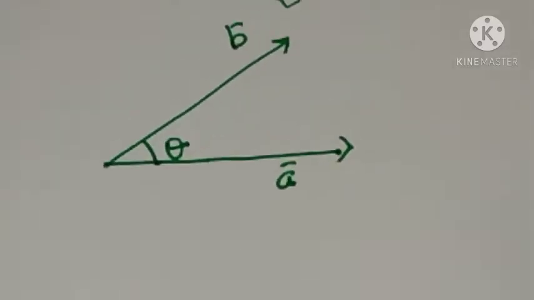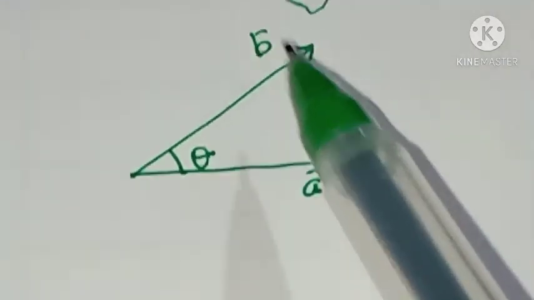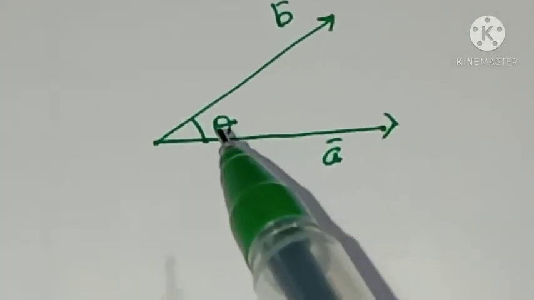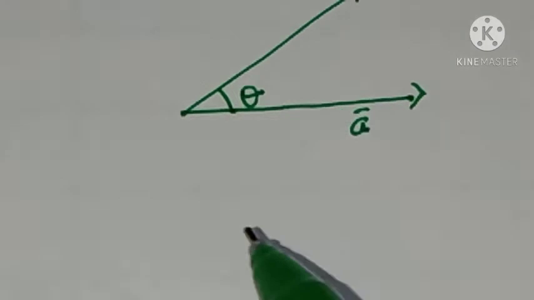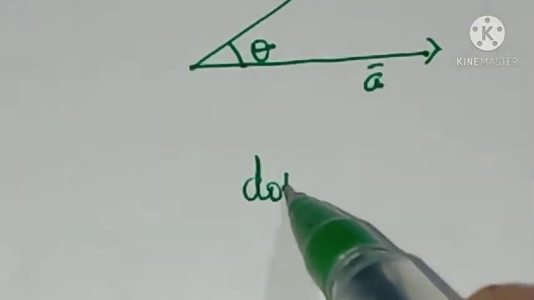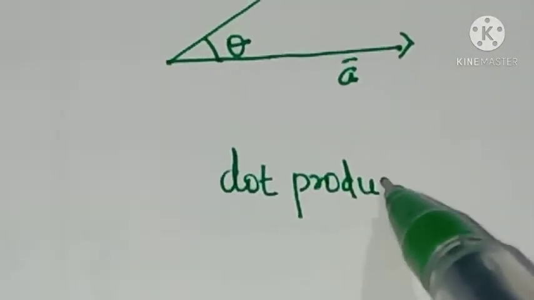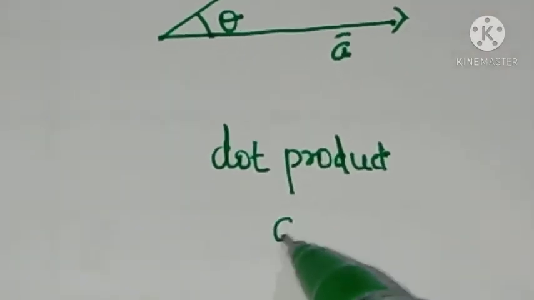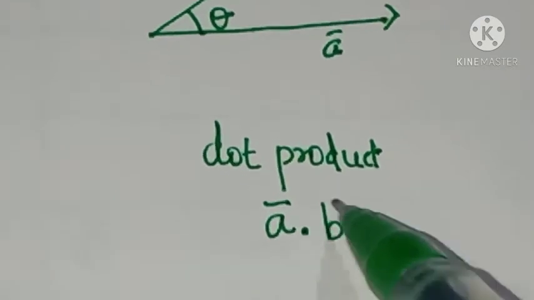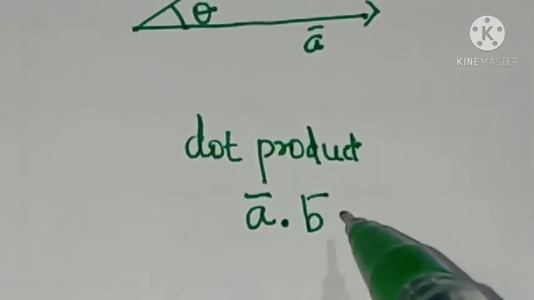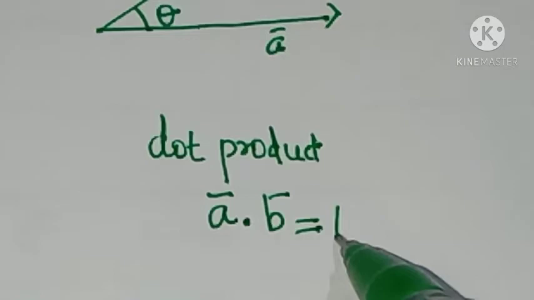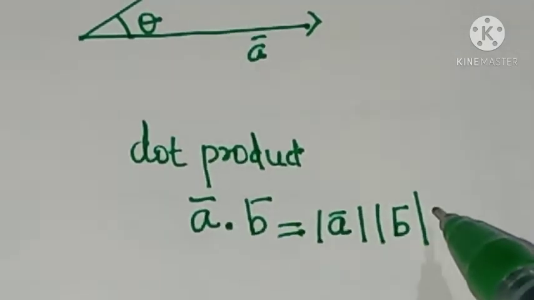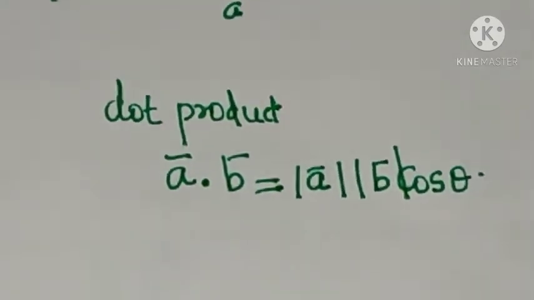Suppose we have two vectors, vector A and vector B. These two vectors make an angle theta. Theta is the angle between these two vectors. Then the dot product or scalar product of vector A and vector B is denoted as A dot B. Dot product of A and B is defined as magnitude of vector A into magnitude of vector B into cosine of the angle.